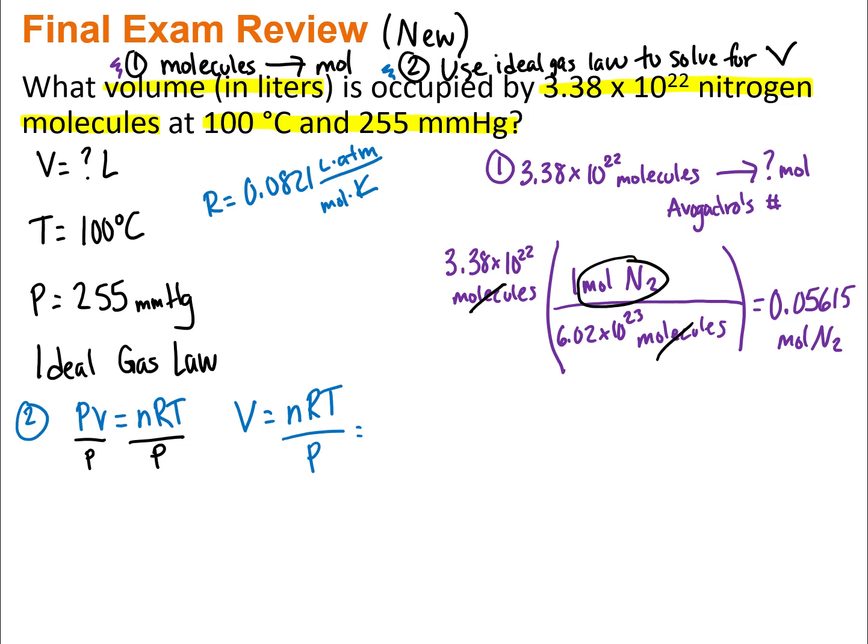Now, we've got a temperature in degrees Celsius, and we have a pressure in millimeters of mercury. So we've got to convert those. 373 Kelvin, because you just add 273.